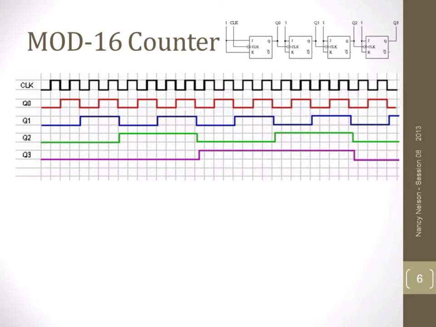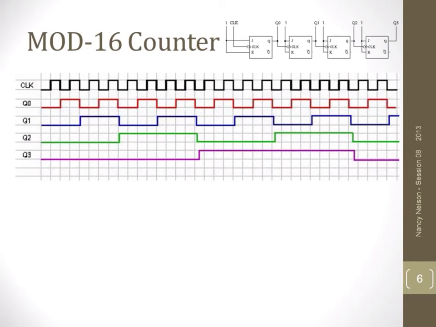If we added Q4, 5, 6, 7, 8, for example, you're going to see that propagation delay get a little bit more each time. And if that propagation delay becomes too big, it means that we might start to miss counts. So the effect of that propagation delay is why it's called a ripple counter. But we have to be careful of that, and we have to keep our frequencies fairly low in order to accommodate that.